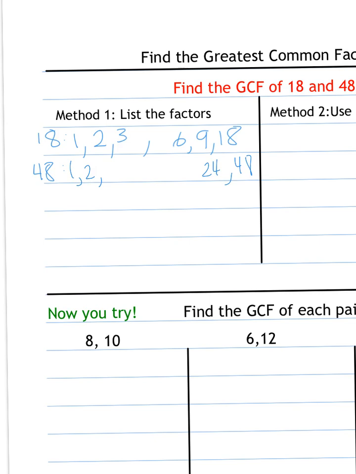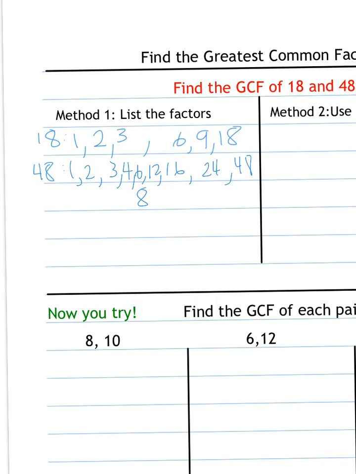Then we have 3, which goes in there 16 times. 4 goes in there 12 times. We're running out of room. But 6 goes in there 8 times. I have to write it below. Okay. 9 cannot, 10 cannot, 11 cannot, and now 12 we already have, so we're back to numbers we already have. Okay, so I'm listing them in order so that it is easier to see.